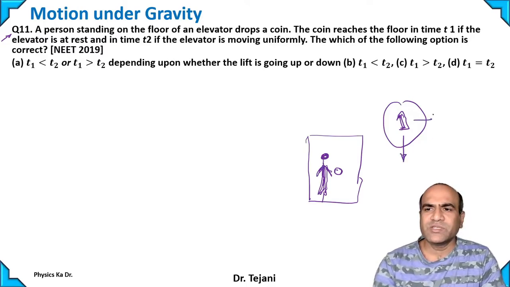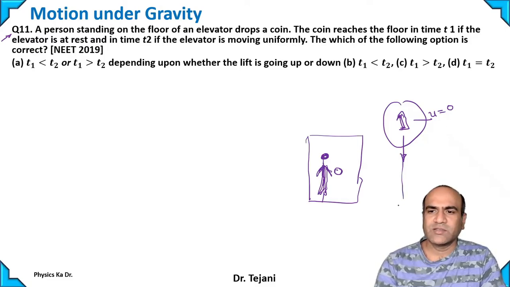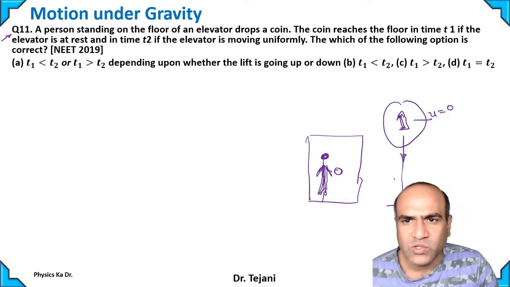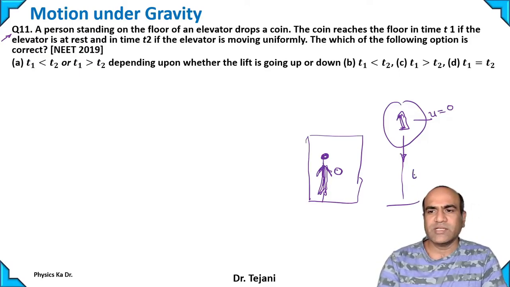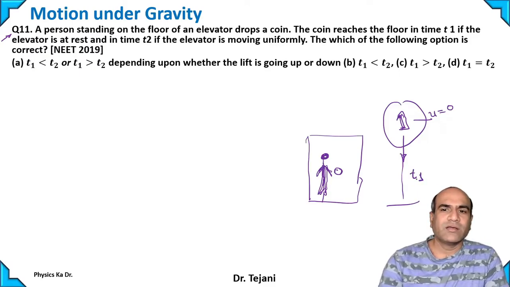So initial velocity u is 0, and it reaches the floor in time t1 when the elevator is not moving.